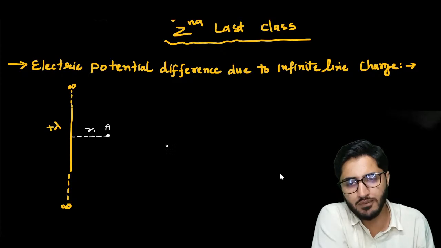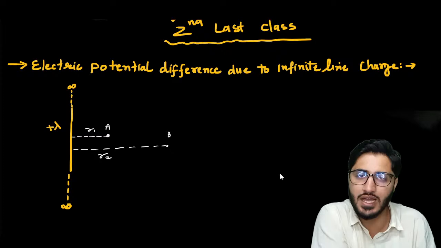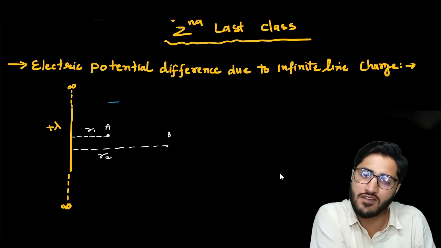This is point B. The distance of point B from the wire is R2. We know that if this is a positive line, my electric field will be outwards. This is my net electric field.